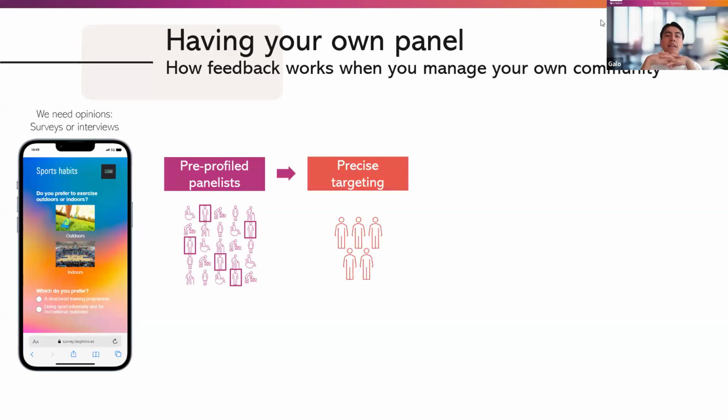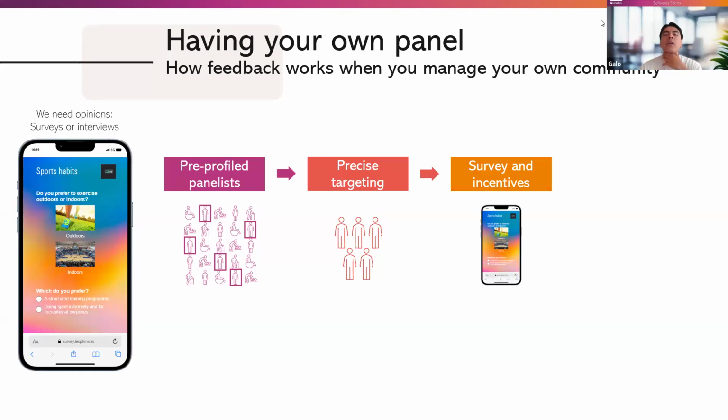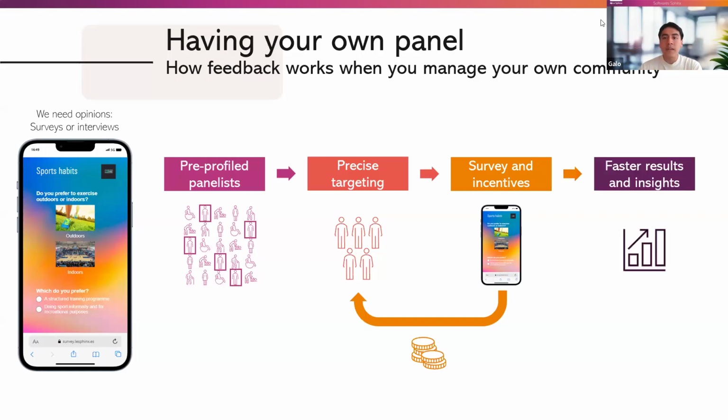For example, let's say that you are going to conduct a study, and for this study you are going to do precise targeting, focusing on people with certain characteristics for this specific study. Then you are going to send a survey to this group of people, your panelists, and they are going to receive a reward that you can manage for answering the survey.